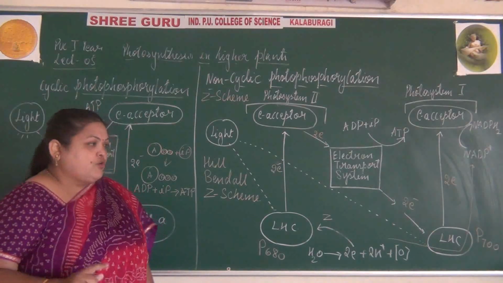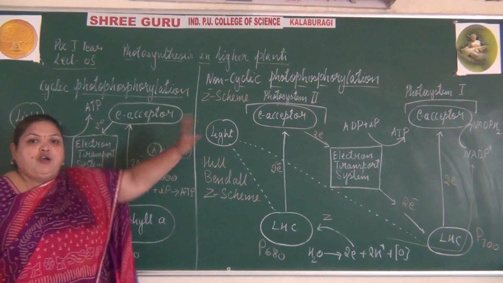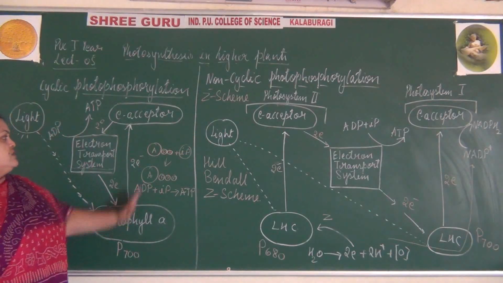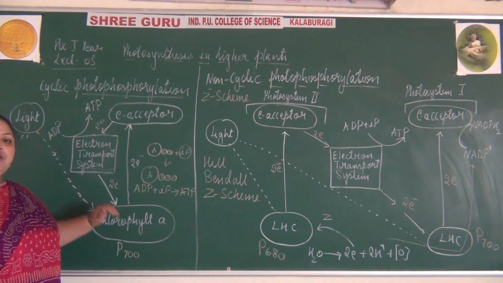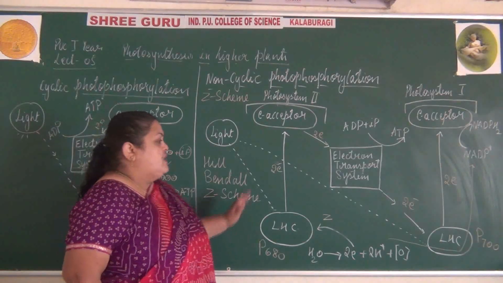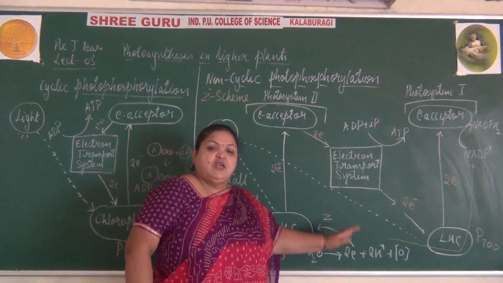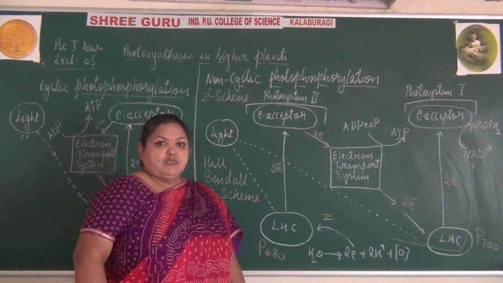In photophosphorylation, there is cyclic and non-cyclic. In cyclic, the electrons move in a cyclic manner and reach back to photosystem 1, while in non-cyclic, the movement of electrons is unidirectional and does not reach back to the photosystem.